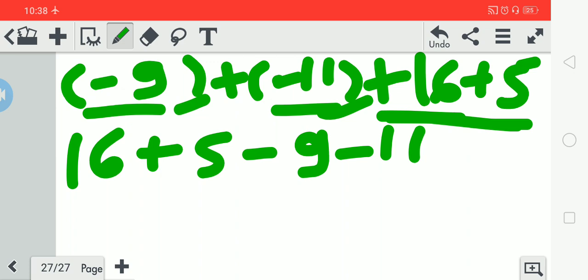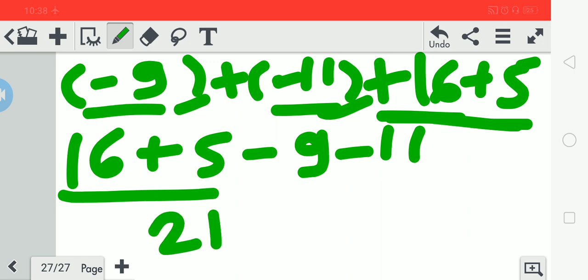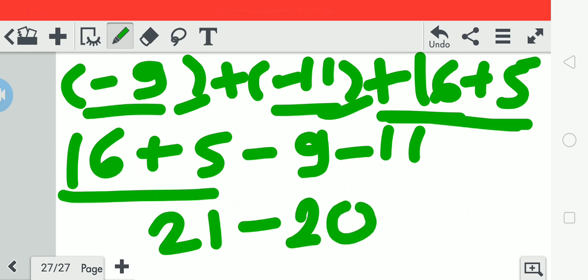Now do the addition of the positive numbers and the addition of the negative numbers. 16 and 5, that is 21, and 9 and 11, that is 20, right? So 21 minus 20, that is 1. So simple, right? Students, understand how to solve this kind of example.